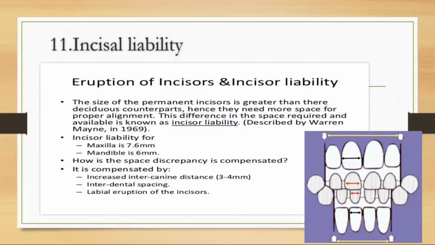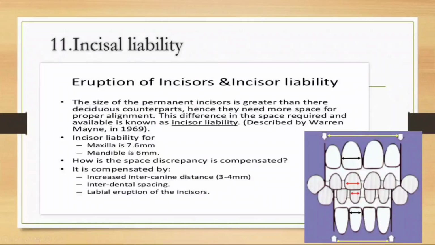That is the incisor liability. So the liability of space which is required for the permanent incisors to get accommodated in the position of primary incisors, which are actually much smaller than the permanent teeth. The size of permanent teeth is greater than their deciduous counterparts, hence they need more space for proper alignment. So this difference in space required is known as liability.